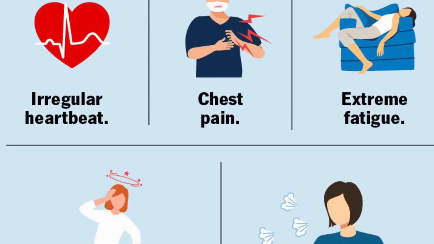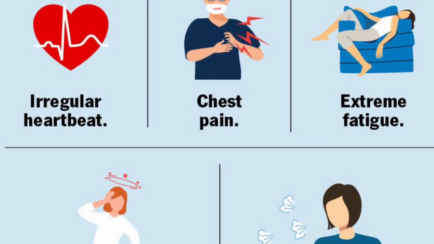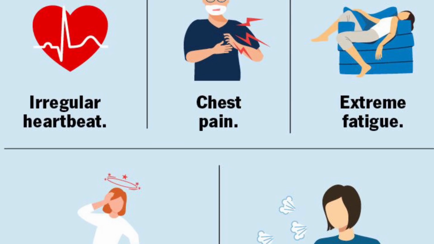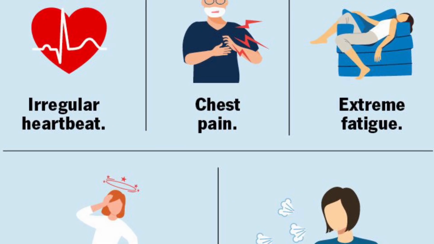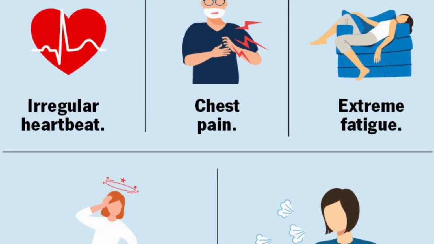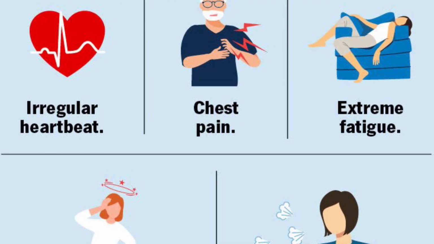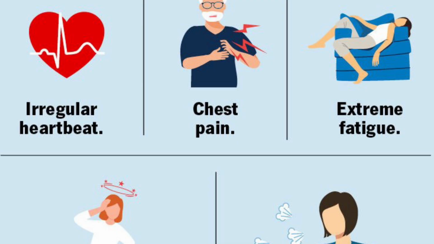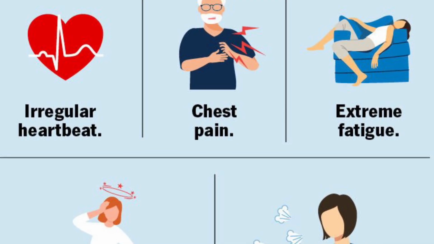Dizzy or lightheaded. All right, so we're going to be dizzy, lightheaded. If it progresses, pass out. Yep, so what's our word? Syncope. So we get lightheaded, we can pass out.